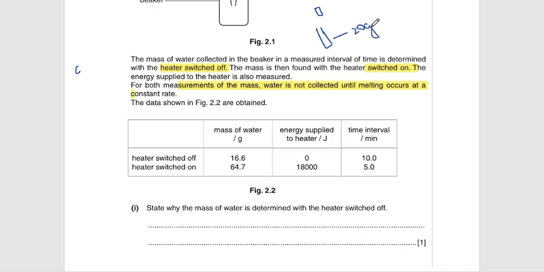But now I want to know how much the heater aided in melting this ice. So I would want to know the initial mass, and then I can subtract it from this 20 grams to see how much mass was given to us when the heater was on.